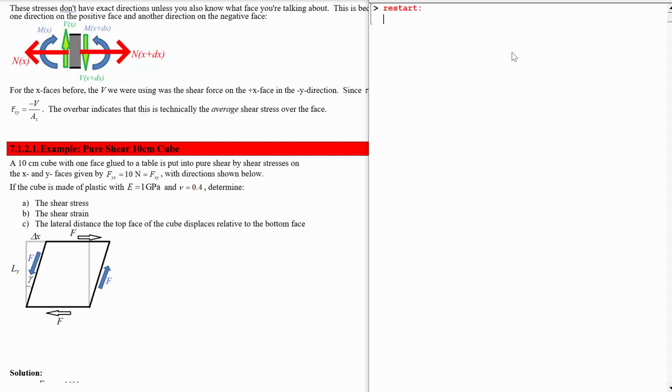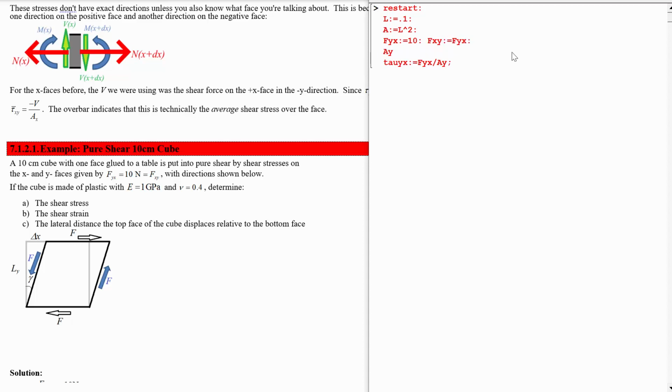Okay, so let's get started here. We've got a 10 centimeter cube, so that means L is equal to 0.1, and the area would be L squared. So the force is going to let us figure out the shear stress. So tau yx is equal to the force yx divided by the area of the y face. Force yx is equal to 10, and this is the same as force xy.